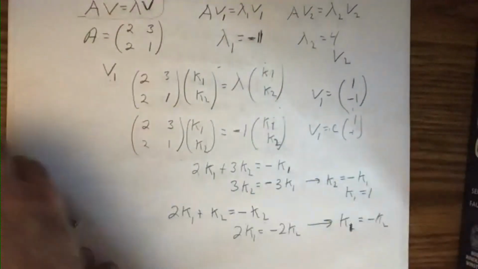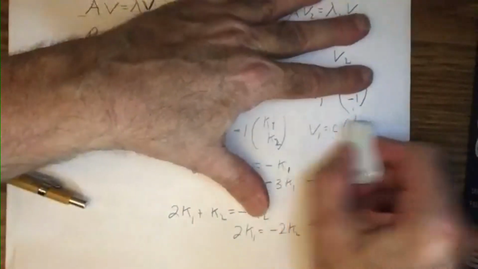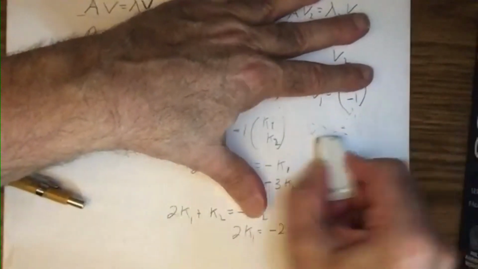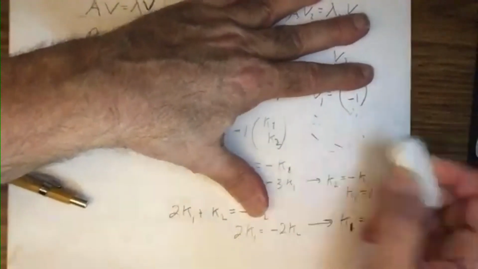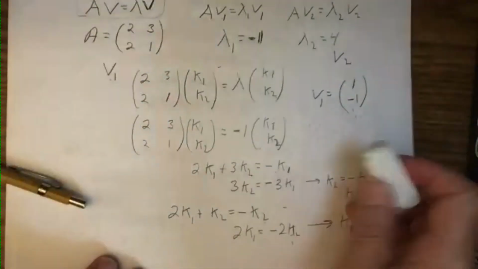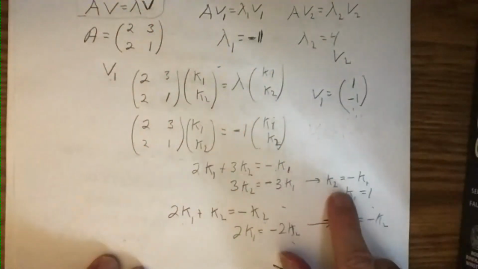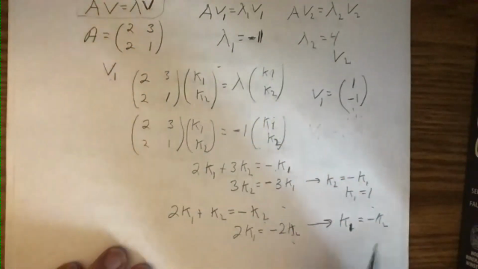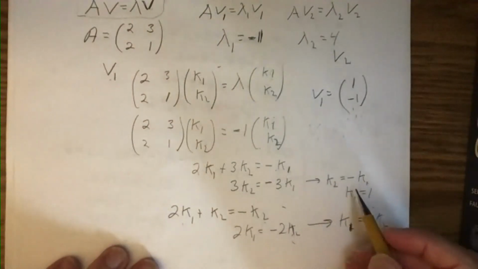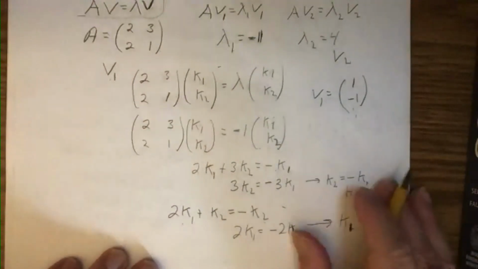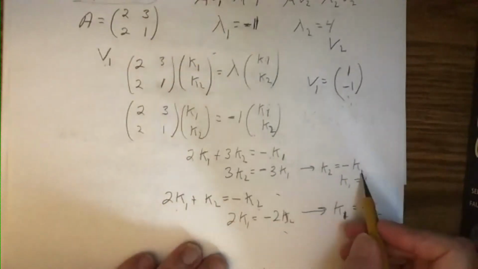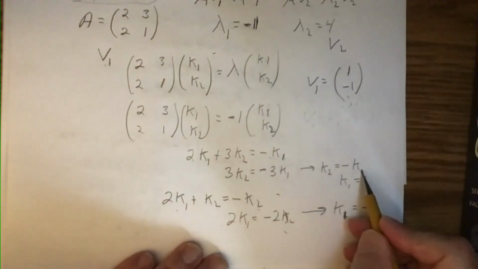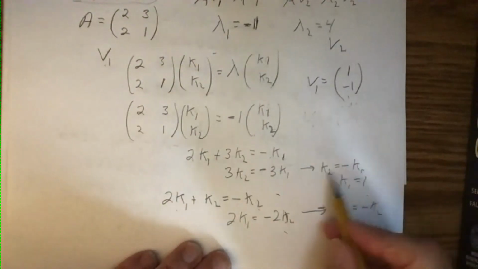The reason is that we're going to end up finding the general solutions to the differential equation. If I was given the initial conditions, that would tell us exactly what the values would have to be. So I want you to understand that it's somewhat arbitrary. Normally the easiest way is to choose K1 to be 1, and then figure out what K2 would be.